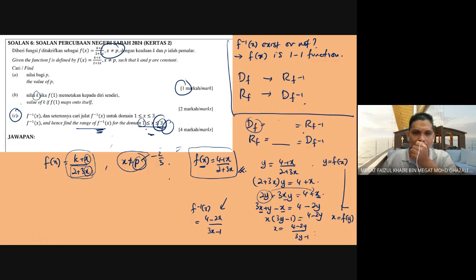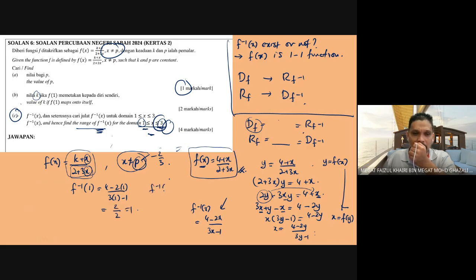Okay, from the domain of x equal to 1 until x equal to 3, f inverse of 1: 4 minus 2 times 1 divided by 3 times 1 minus 1 equals 4 minus 2 equals 2, which is 1.